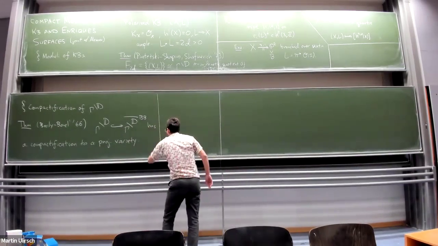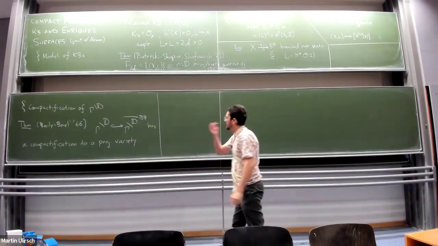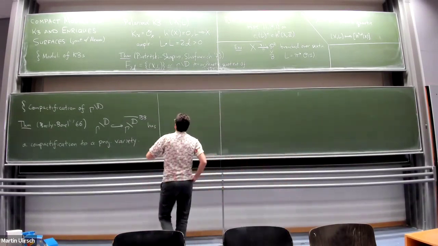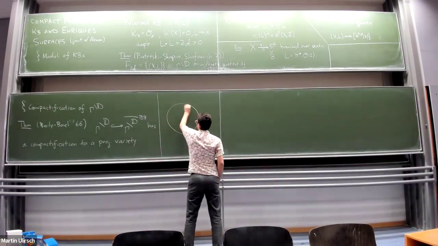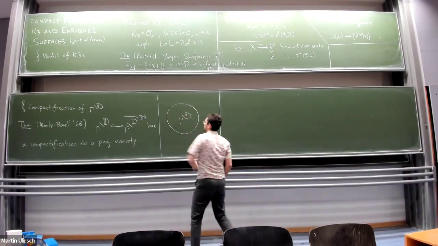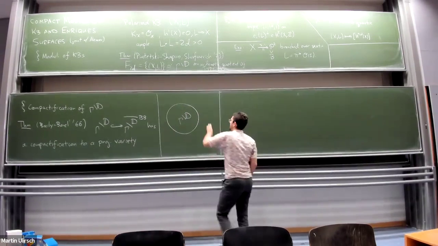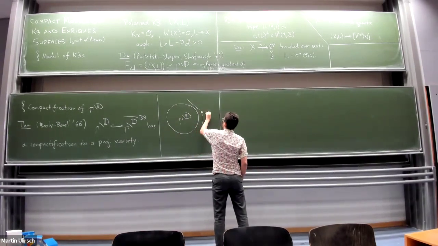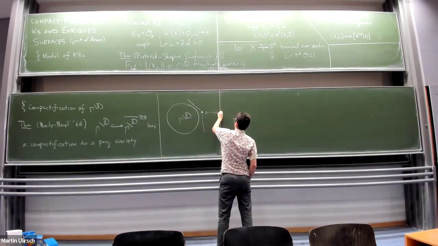And I want to describe what you see at the boundary of this compactification. So here's my picture of D mod gamma, some sort of blob. And at the boundary of this blob, we have 0-cusps and 1-cusps.